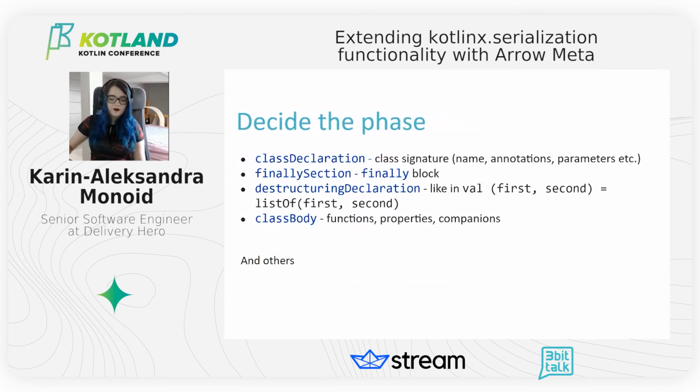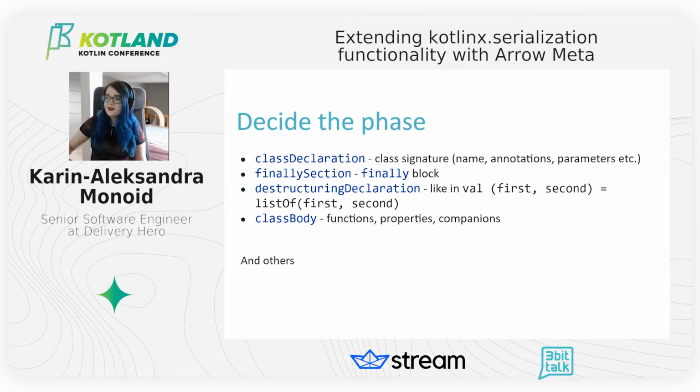So let's think about the logic itself. There are multiple phases when we can intercept the compilation. So for example, on the class declaration, so exactly the class signature, its insides or whatever, or the finally section in the try catch finally block, in destructuring declaration and class body, so the body itself, and in some others.